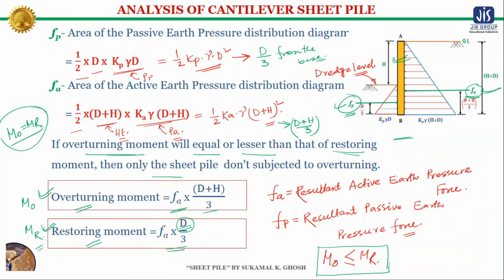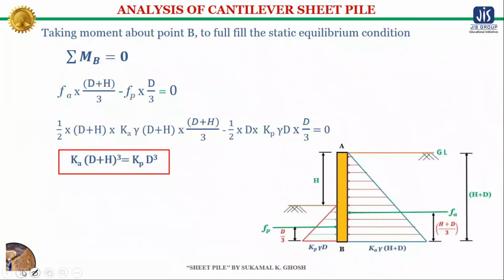Okay, or maybe in another way, we can calculate the depth below the dredge level by calculating the moment with respect to any point such as B or A. Okay, so as we discussed, we can calculate the depth below the dredge level, means we can calculate this depth either by equating the overturning moment with the restoring moment, or we can calculate this depth D by calculating all the moments about any particular point such as this A point or this B point.